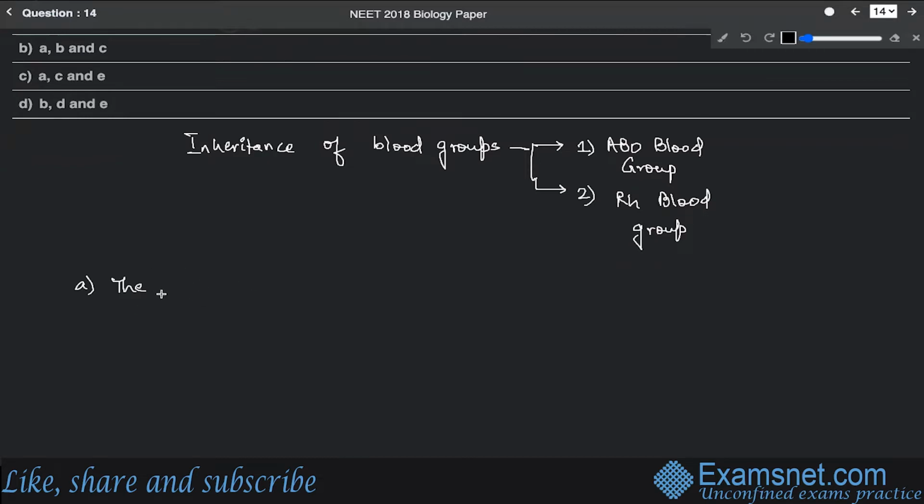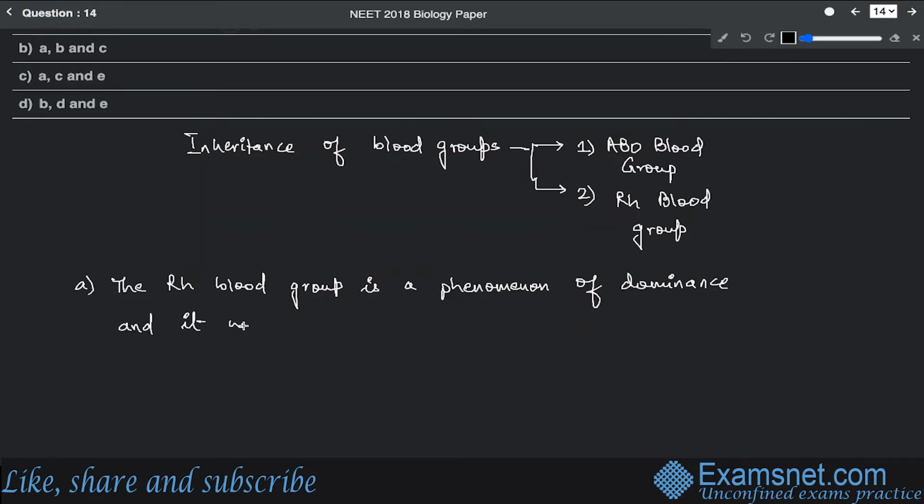So you can say that the Rh blood group is a phenomenon of dominance, and it will be expressed if inherited from either parent, that means either from the mother or from the father.